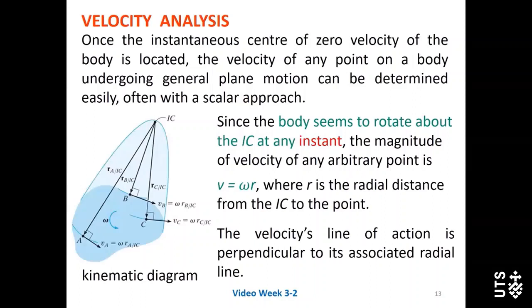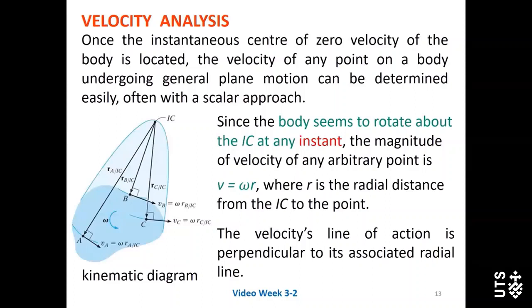But you will ask, velocity is a vector. If we only use scalar calculation, how to determine its direction? It's not a problem. Actually, as you can see here, if you know IC, you know the direction of angular velocity, you will know the correct direction of VA, VB, or VC.